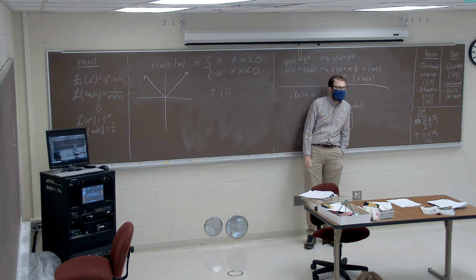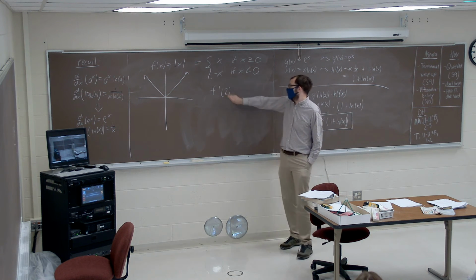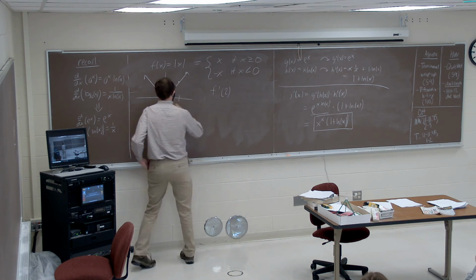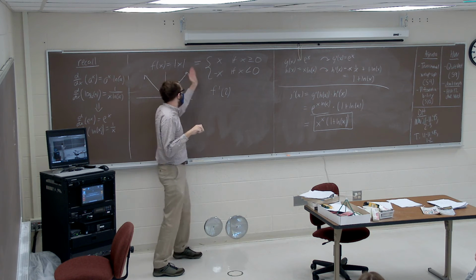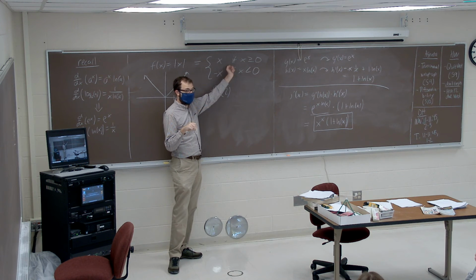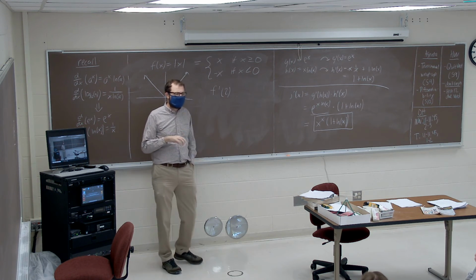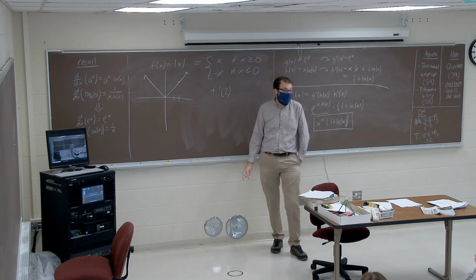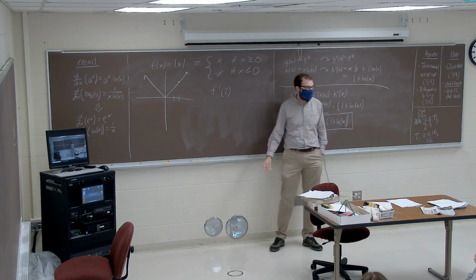What's f prime of 2 going to be? Keeping in mind that at the point x equals 2, the function behaves just like the line y equals x. If I were to ask you what's the derivative of y equals x at the point 2, what would you say?